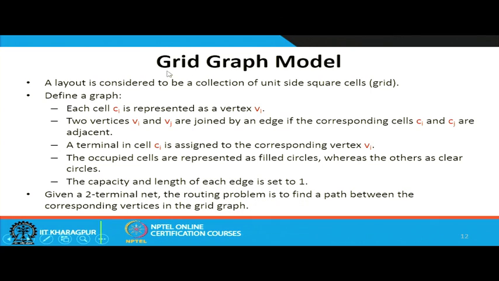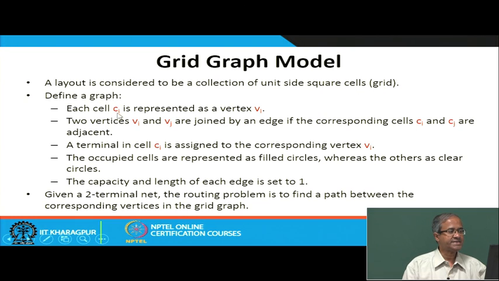In general, in the grid graph model, the layout is considered as a collection of square cells or grid. So, we define a graph where each cell C_i represents a vertex V_i and 2 vertices are connected by an edge if the corresponding cells are adjacent, right.